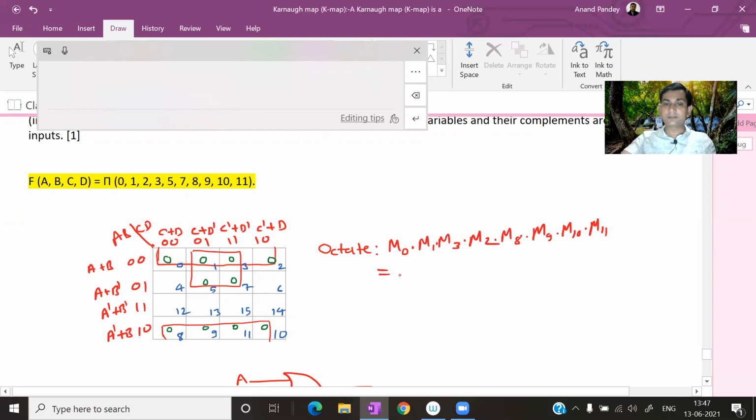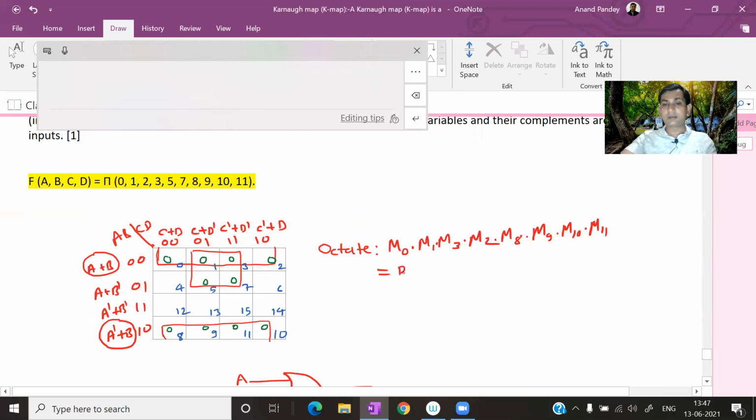Sequence doesn't matter here. Now if you reduce it, you can see this octet is acquiring 2 rows, and in these 2 rows the state of A has changed, so we will not take it, we will take only B.